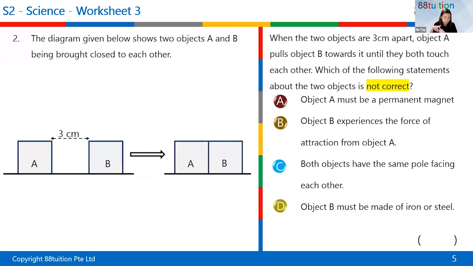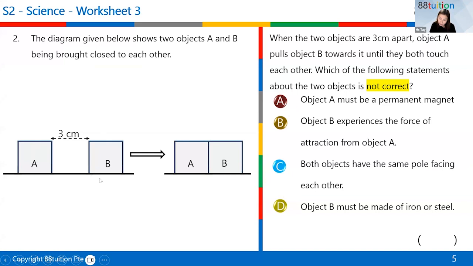The diagram below shows two objects, A and B. They are brought close to each other. On the left, you can see, when they are about 3 cm apart, object A pulls object B towards it until they both touch each other.